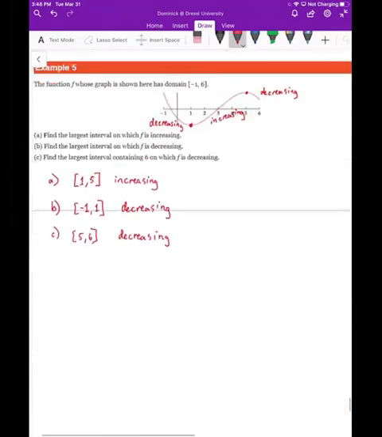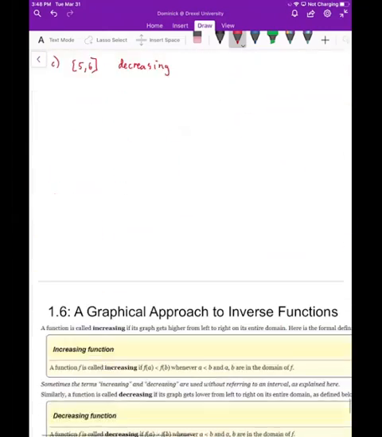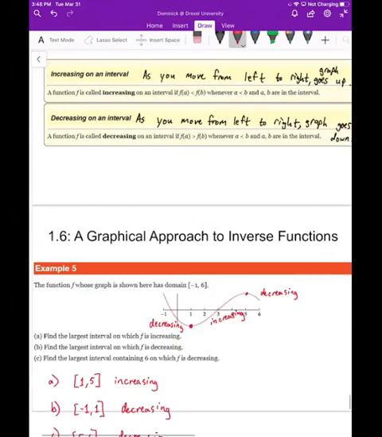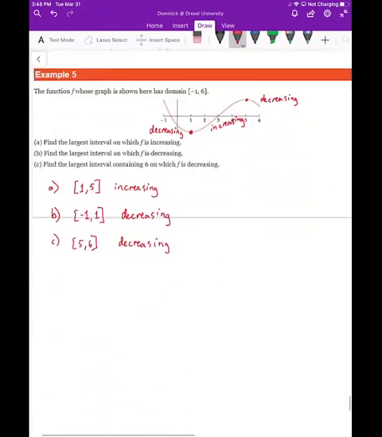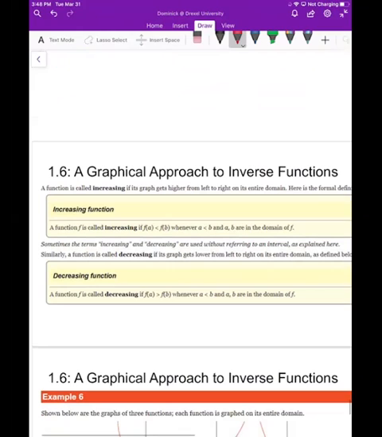Let's see, did I accidentally copy? I think I copied a slide by accident here. I guess the only thing that we have here is that we are now specifying for an entire domain. So an increasing function is increasing the entire time.